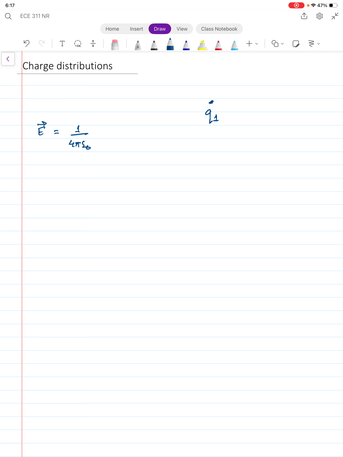So electric field due to a point charge q1 was determined as E equals 1 by 4 pi epsilon 0 q1 divided by the distance between the observation point and the source charge squared, and a vector that points from source charge to the observation point. So this is a unit vector.